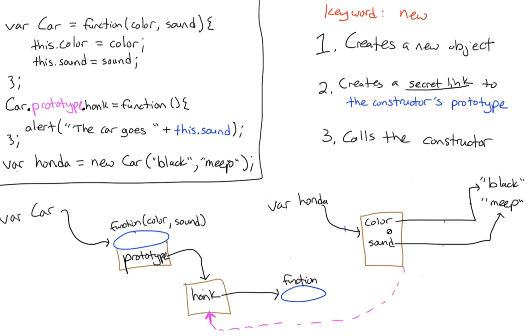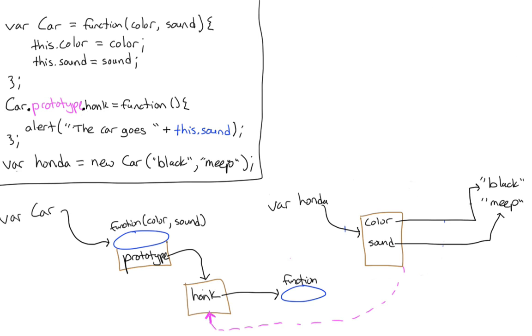The difference is that we now have a secret link pointing to this prototype. So what does this mean? Well, now that whenever we do Honda.honk, JavaScript is going to treat it a little differently.